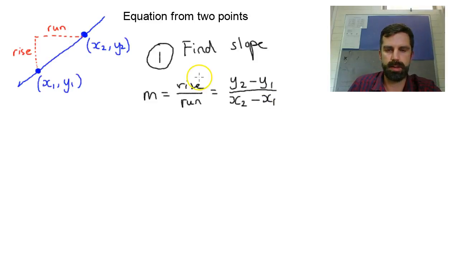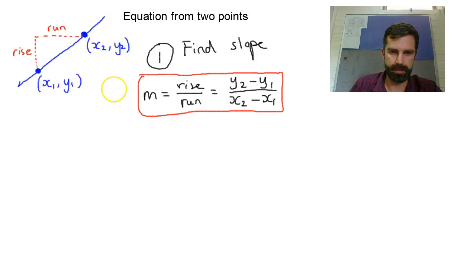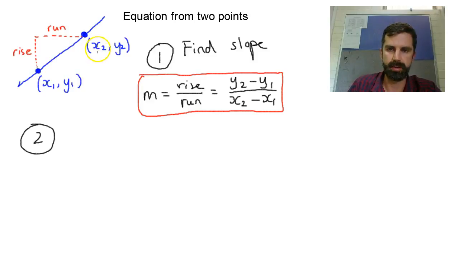Now this, you need to make sure you really know this formula. This is a really fundamental formula because anytime you've got 2 points on a line, you can get the slope from this formula. Step 2, well, if you've just worked out the slope and you know 2 points on the line, we've actually got more information than we need, because if you've watched the previous video, you would know that if you've got a point, any point, and the slope, you can work out the equation.